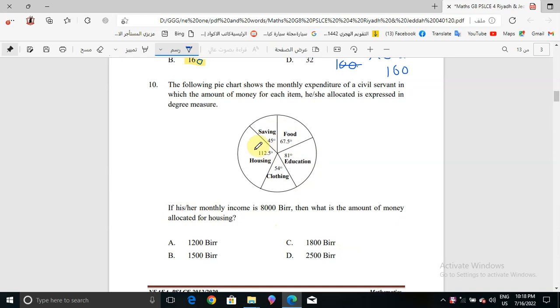So that means we are going to use the degree of housing. Then what we will do here, we will make 112.5 over 360 times the monthly income, which is 8,000, right? Then simplify. After simplifying it, you will get 1,500 per month.